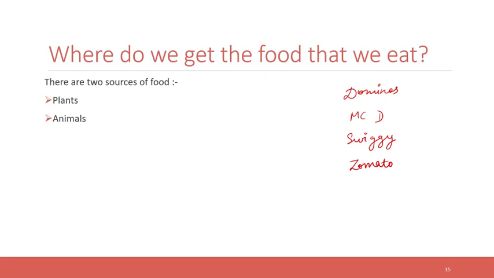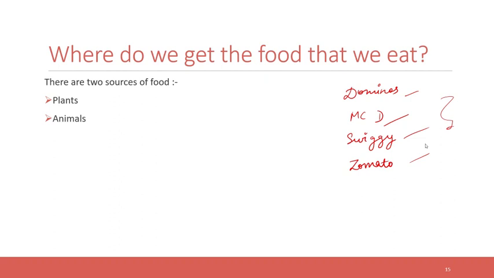You must be thinking that we go on these apps and order food. But now let me know, where do these companies get food from? Think. Okay, fine, I'll tell you.